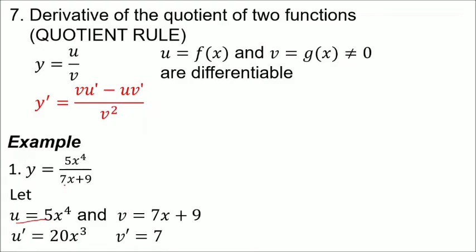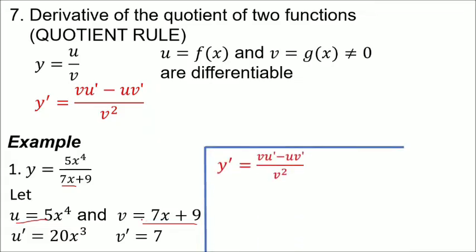And then, v natin yung denominator na 7x plus 9. And then, kunin natin yung derivative ng u at saka v. So, u prime is 5 times 4, that's 20, x to the 3. Because 4 minus 1 yan. And then, v prime, we have 7x plus 9. Itong 7x lang yung may derivative, and that is 7.